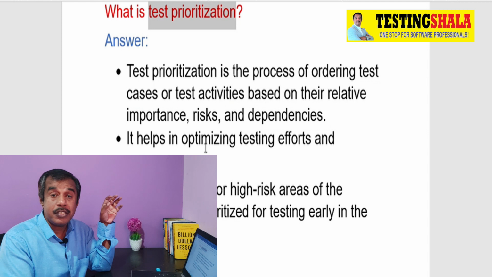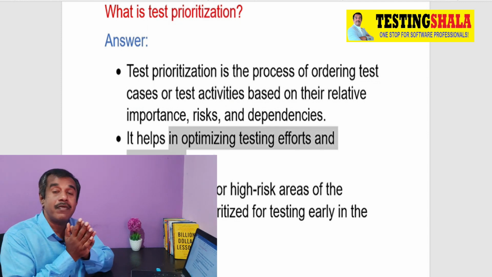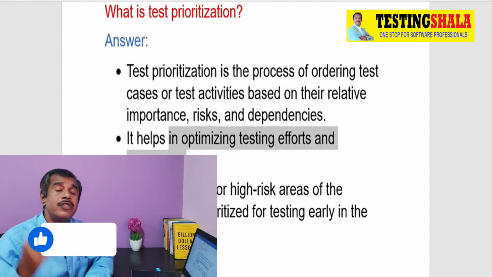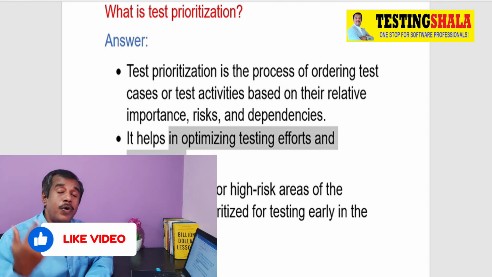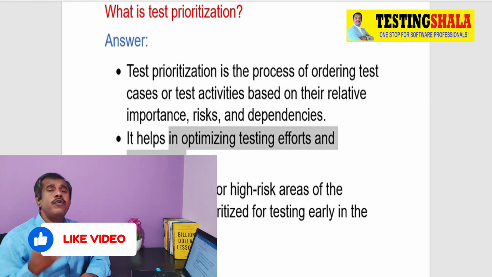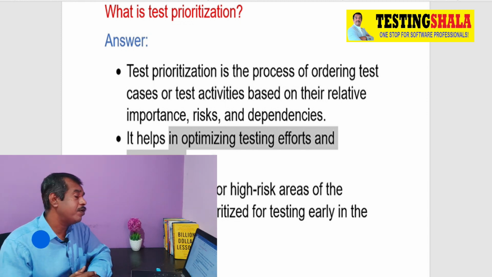This test prioritization helps us optimize the overall testing effort, because with limited resources, if we execute all hundreds or thousands of test cases, it will consume a lot of human or automation effort.